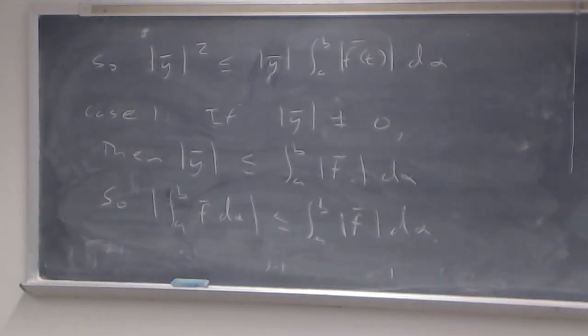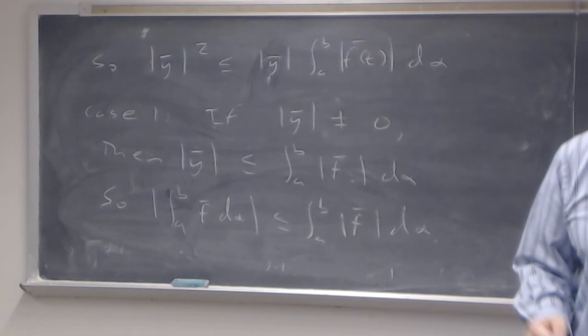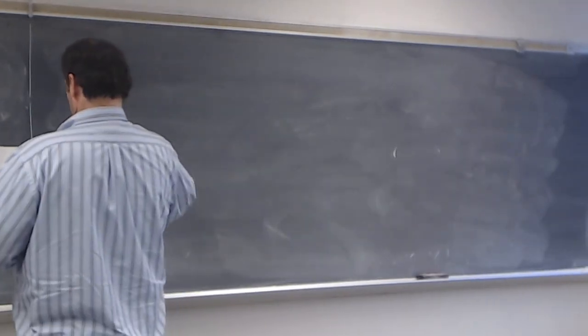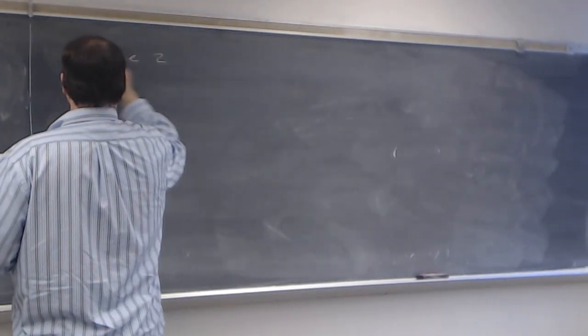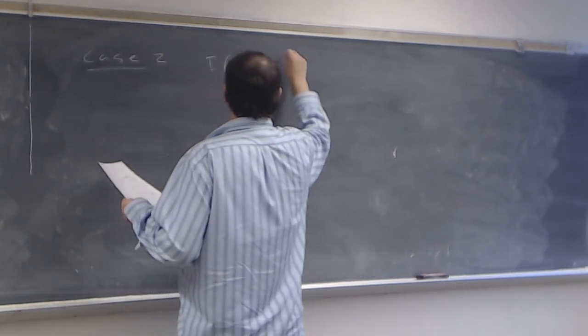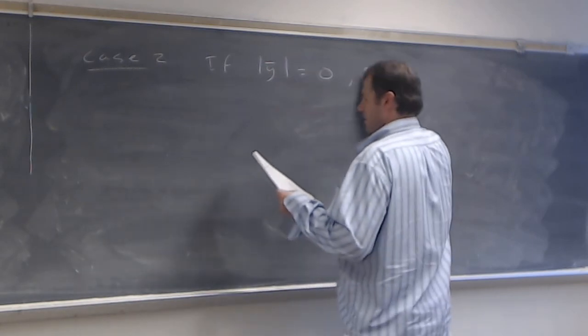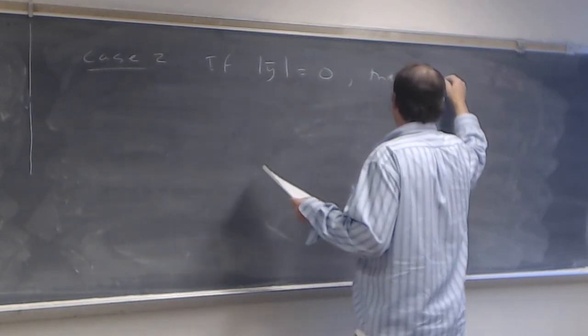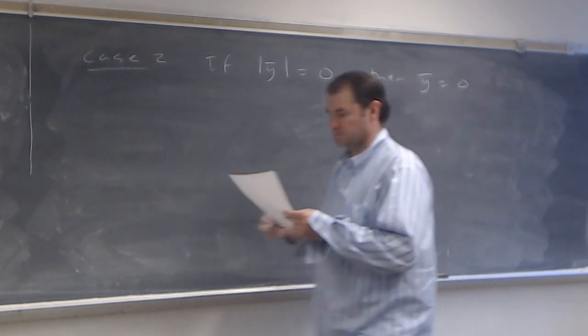And then finally, in case 2, just in case that the norm of y bar is 0. If the norm of y bar equals 0, then that would say that y bar itself must be 0.